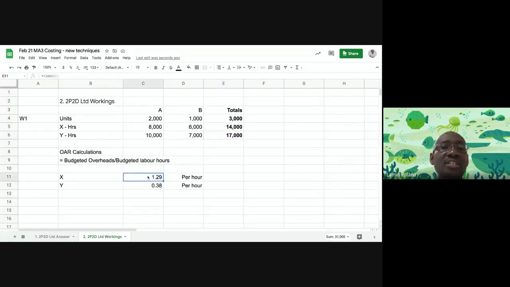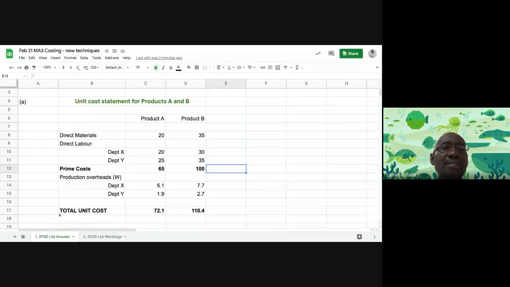And then instead of giving a separate fixed overheads of 18,000 and 6,500, you're going to add them. So it's very, very easy. You only do one OAR and you absorb. And mind you, if you are doing the B part, you don't have to repeat this portion. What you do is just bring forward the prime cost and then calculate your overhead, but only one overhead, not two.